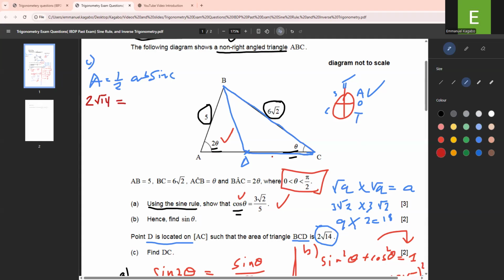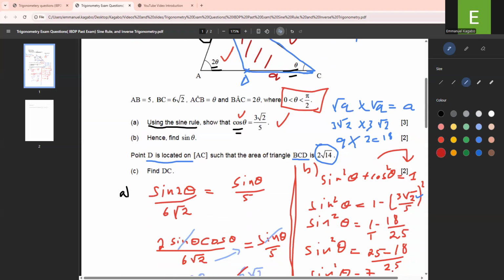Equals to, let me call this side any letter, let me keep it as a. Because I'm looking for, this is the area I have, so I'm considering this triangle, so I'm calling this side a. So it's a half times a times b, which is 6 square root of 2, then sine C, which is sine theta.